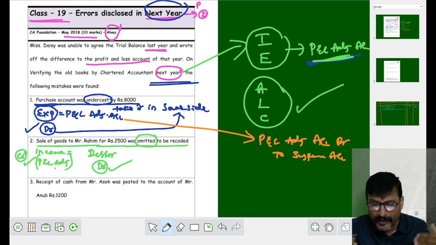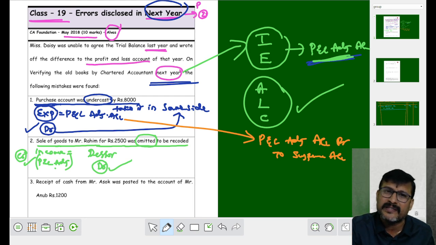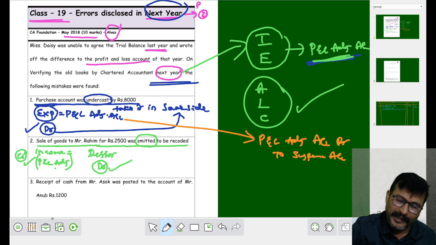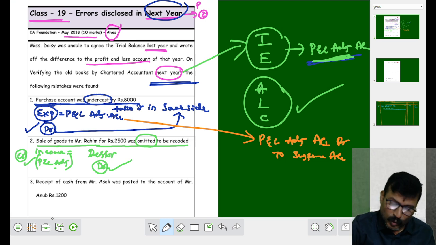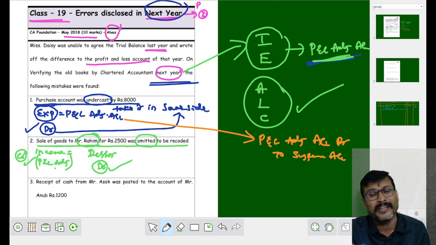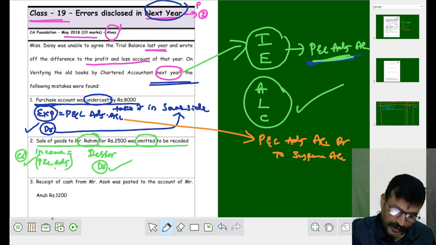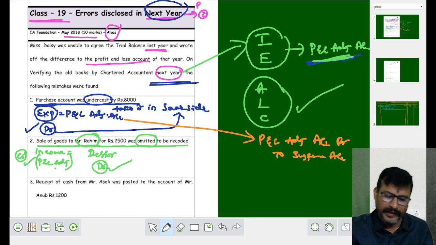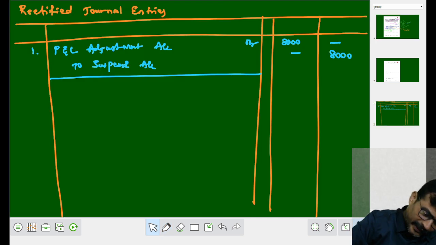Then when you give a journal entry, what is the entry for this? Debtors account debit to P&L adjustment account. Who is the debtor here? Rahim is a debtor. So in the place of debtor, you must use the name of the debtor when it is mentioned in the problem. Rahim's account debit to P&L adjustment account. Shall we give the second entry?